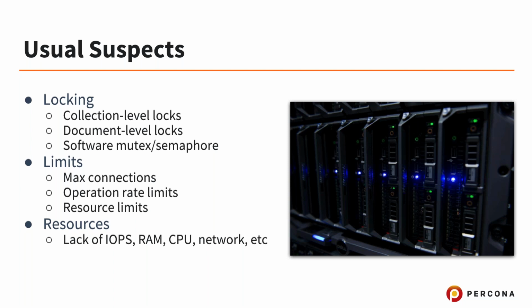Maybe look at, can this be locking? Okay, yes or no. If you think yes, move into that category. But if you don't think it's locking, move on to limits or resources. And that's how I've worked to save some time in investigations: if I don't see any sign of locking, I'm going to move on and stop looking at collection level locking, document mutex, things like that.